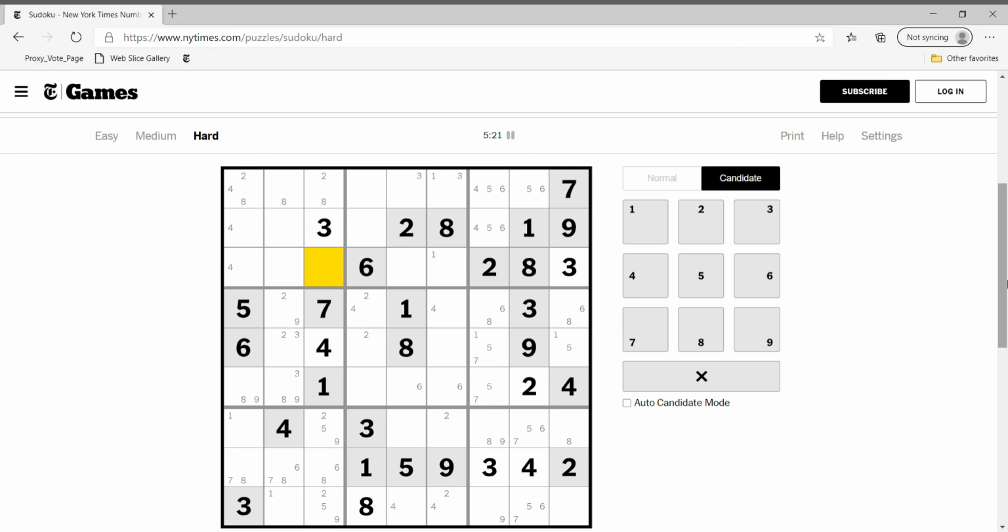And this cell right here can be 5 or 9. So this is 3 by 3, 259, 259 or 59. So we know this cannot be 2 because 2 is already used up in these 3 cells. So we know this has to be 2. Okay. And this, unfortunately, is 6 or 8 over here.